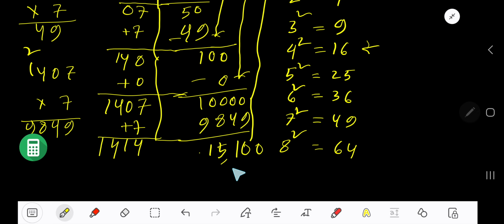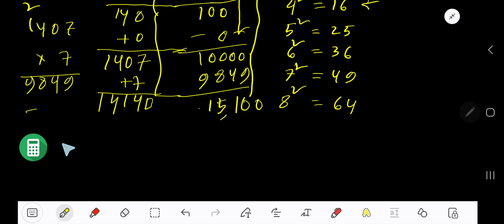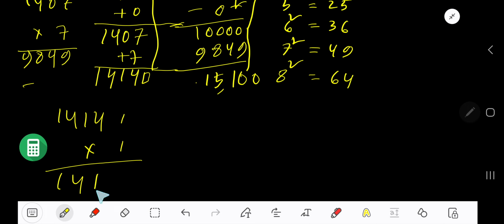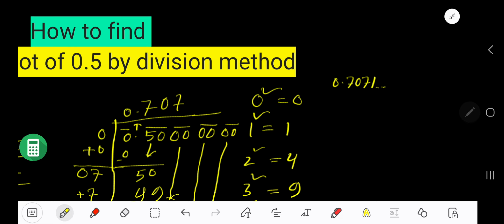So now we have 15,100. What you can assume here, 1, 4, 1, 4. So close. If you take 1, then you are getting this, 14,141, which is close to this. So our assumption is correct.